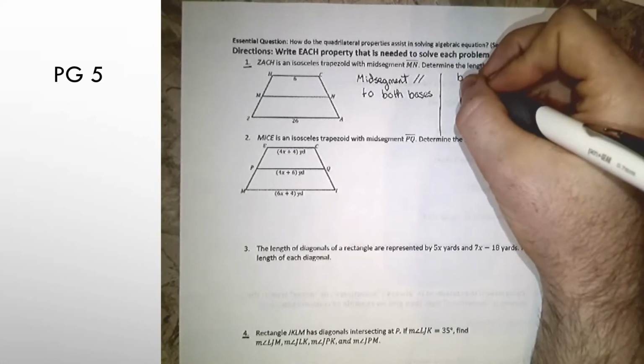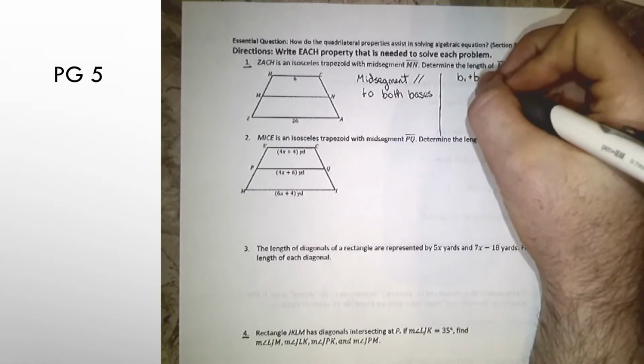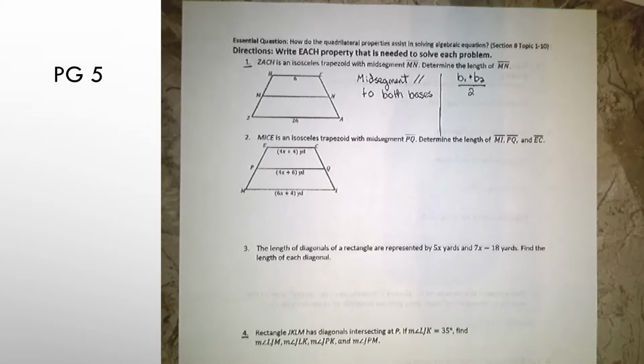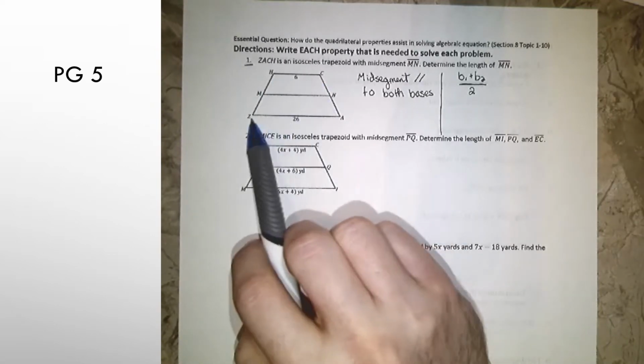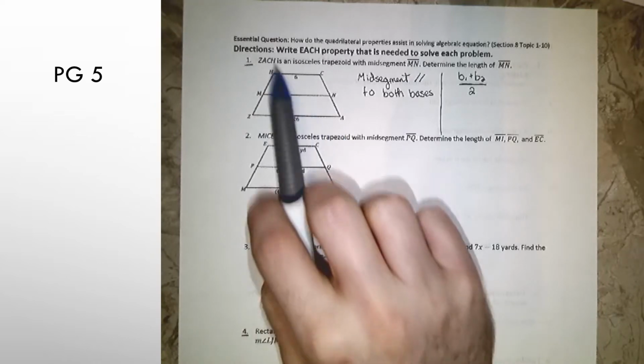So that's the property we're going to use. So when you're finding a mid-segment, there's actually a formula, and it's base 1 plus base 2 over 2. So for the bases, this would be the first base, this would be the second, because the bases are the one that's parallel to each other.